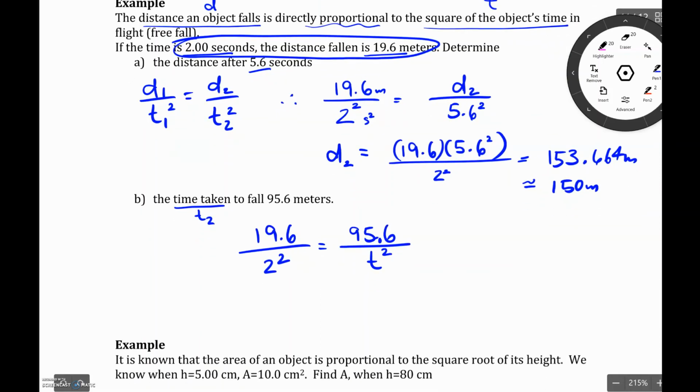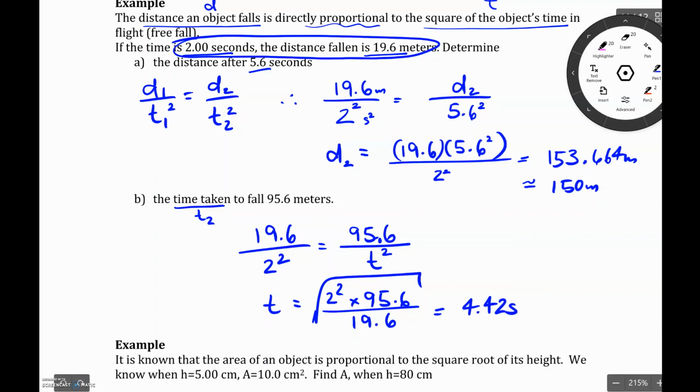So now if you solve for t squared, you're going to get t squared is equal to 2 squared times 95.6 divided by 19.6. And of course, to find t, I just take the square root of both sides. So now I end up with a t alone. And if you work that out, you should get 4.42 seconds.